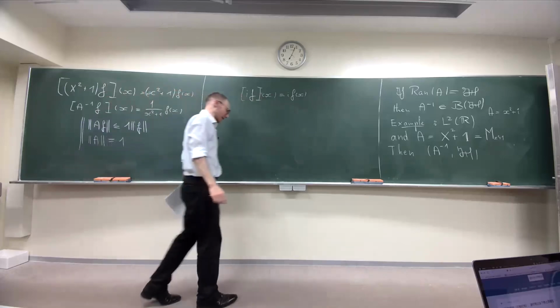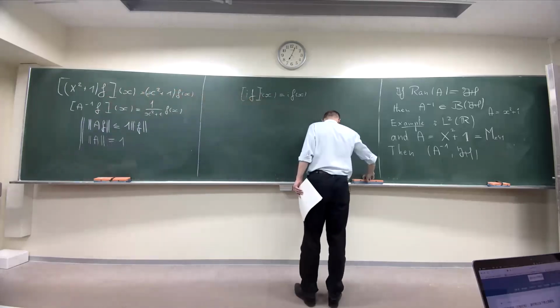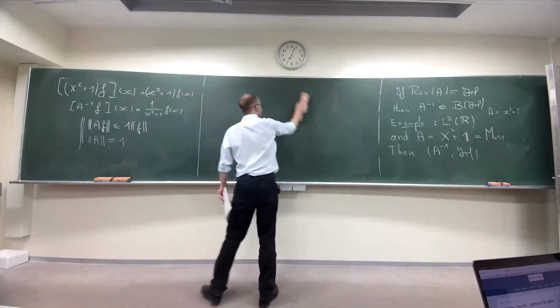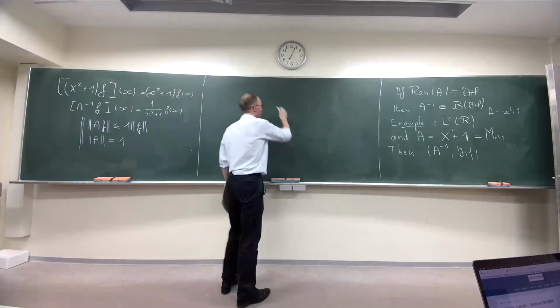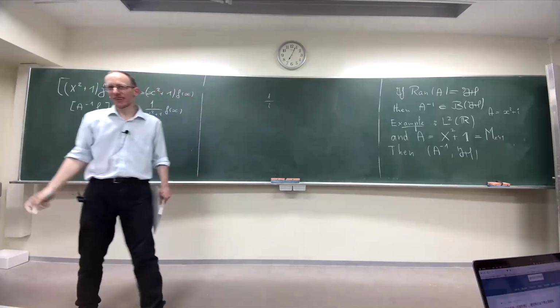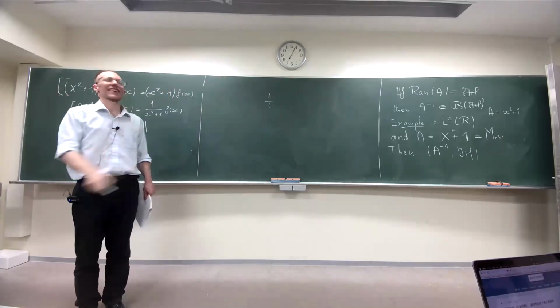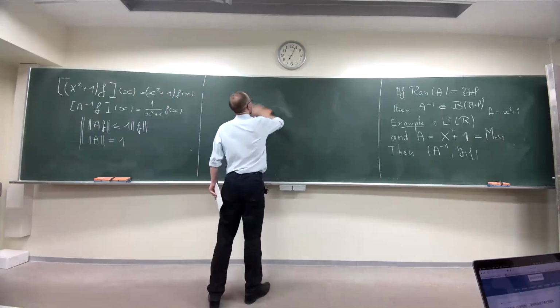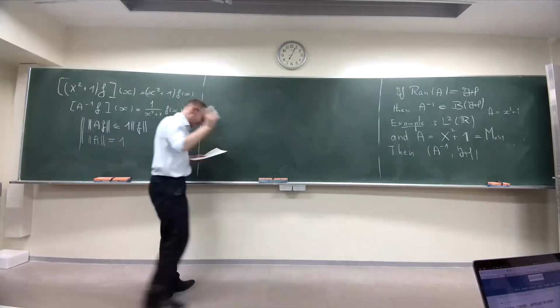But it's not invertible? Please look at the definition. It is. What is the inverse of i? It's 1 over i, which is minus i, because when you multiply i by this, you get 1. But yes, just look at the definition.